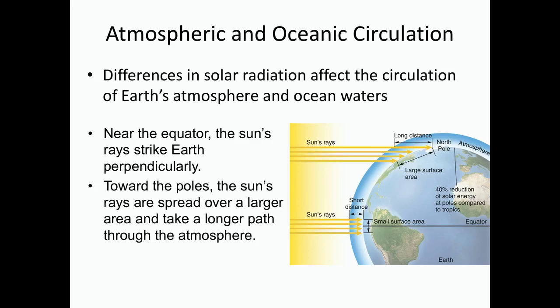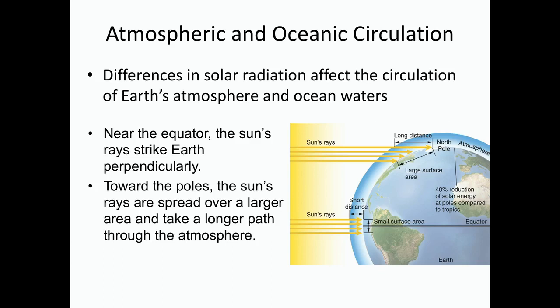Whereas at the poles, the surface of the Earth is pointed away from the sun. So the sun rays strike directly at the equator, whereas they strike at an angle at the North Pole and the South Pole. What this means is that the same amount of energy that's striking a small surface area at the equator is covering a much larger surface area at the poles.